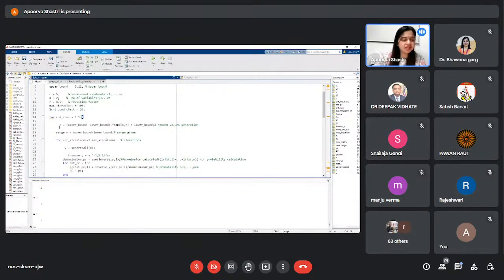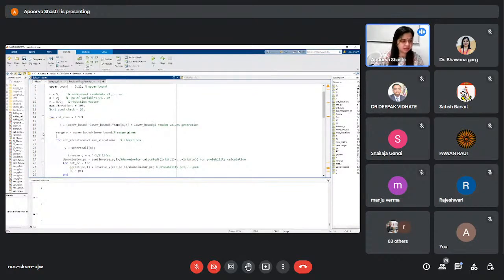Okay, then we have generated the x values. X is equal to upper bound minus lower bound times rand of C comma n, plus lower bound. So this is a random number generation formula in MATLAB. C is the number of candidates, comma number of variables.